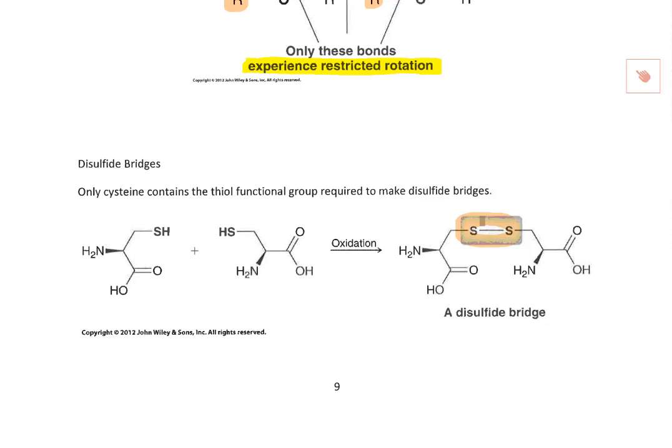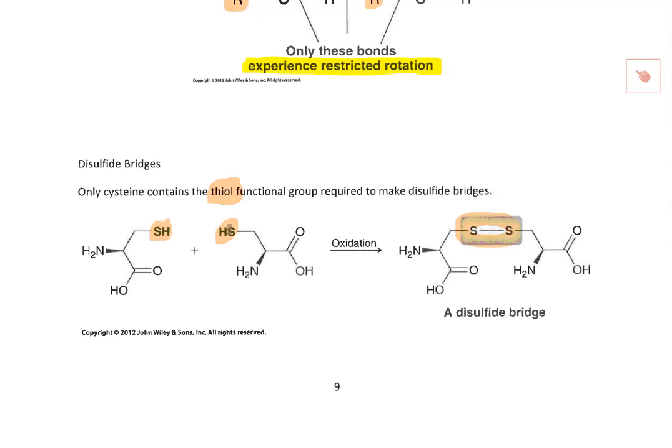And so cysteine has that thiol functional group that is required to make disulfide bridges. So you have an SH and an SH that through a process of oxidation can end up creating a bridge between the two cysteine groups.